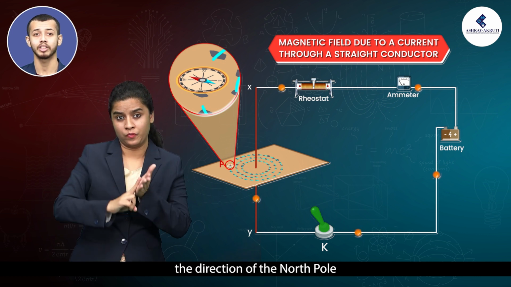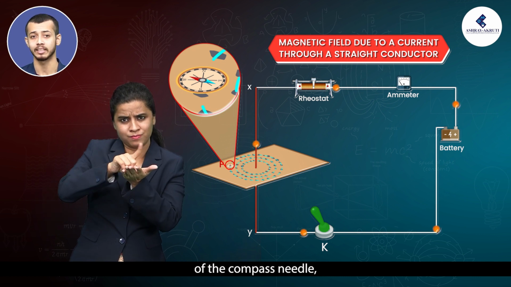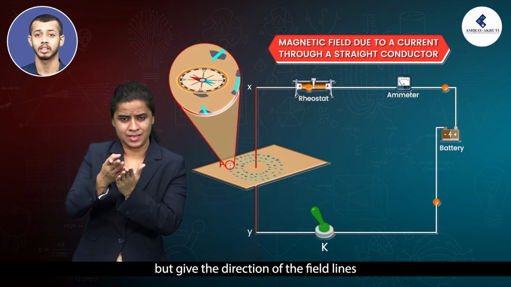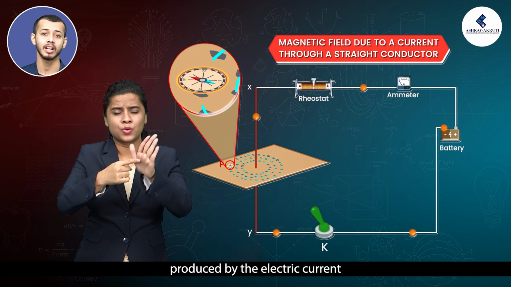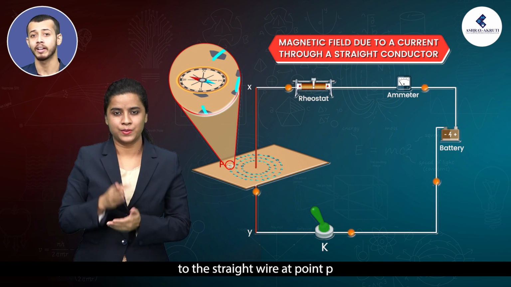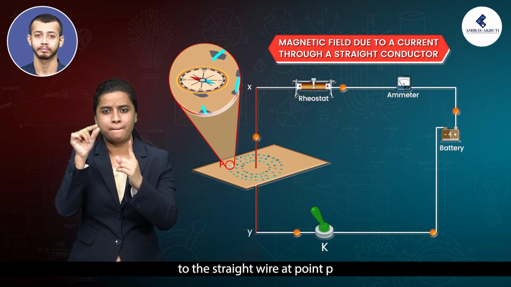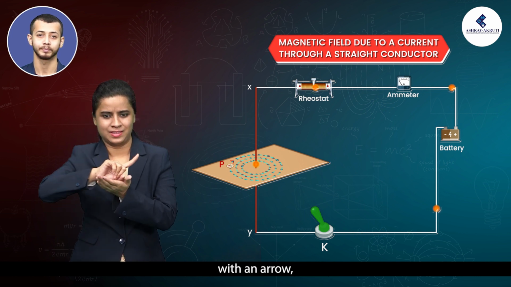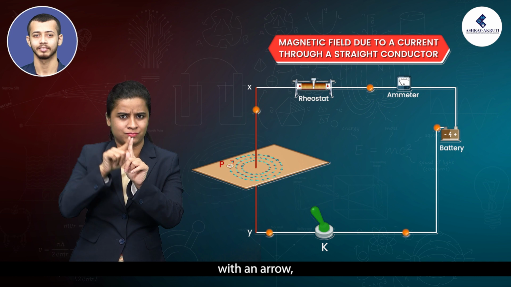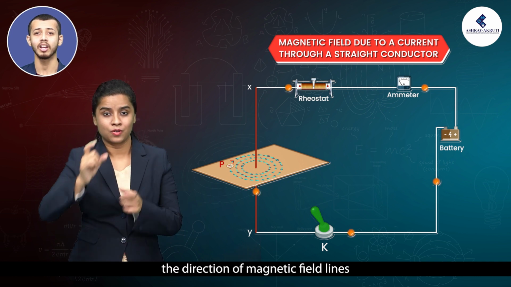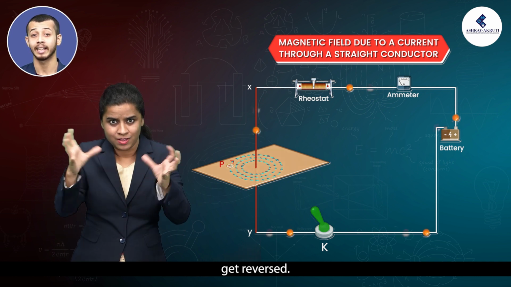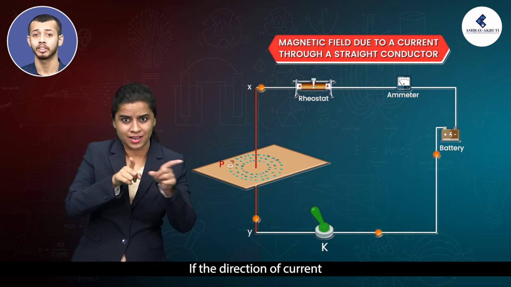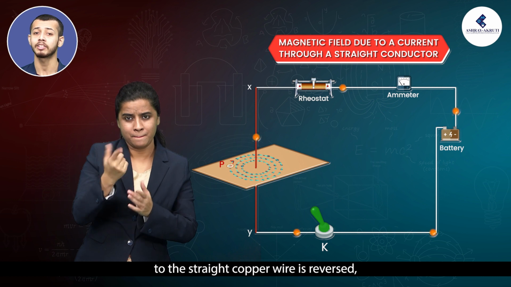The direction of the north pole of the compass needle would give the direction of the field lines produced by the electric current in the straight wire at point P. Show the direction with an arrow. The direction of magnetic field lines gets reversed if the direction of current through the straight copper wire is reversed.